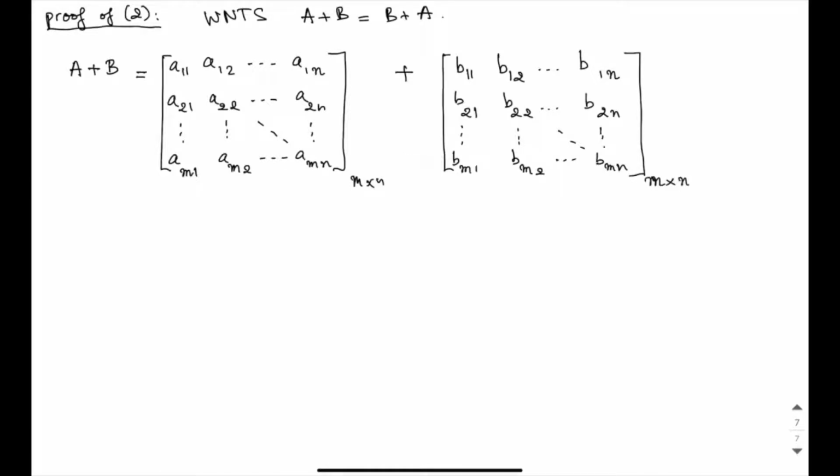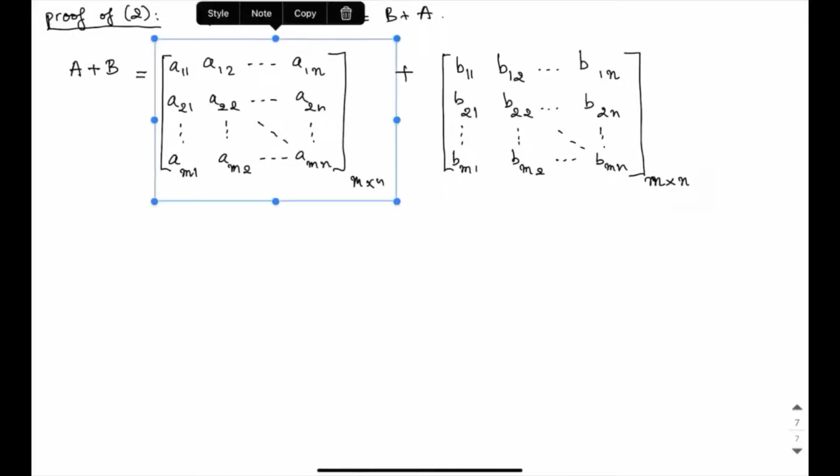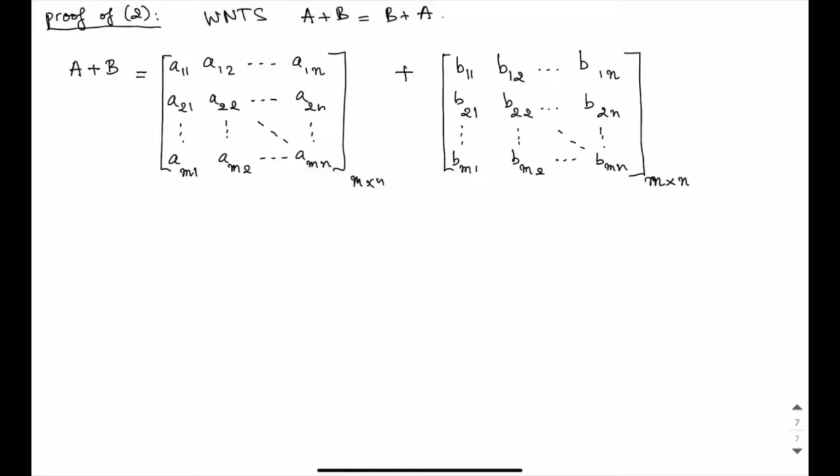Remember to keep the number of rows and columns general, because you wouldn't know what exactly m and n are. You shouldn't start with a specific m and a specific n, because if you do, you have just proven the property for all matrices of that chosen size. Here we want to prove that this is true for any m and any n, so we need to keep m and n as general as we can.